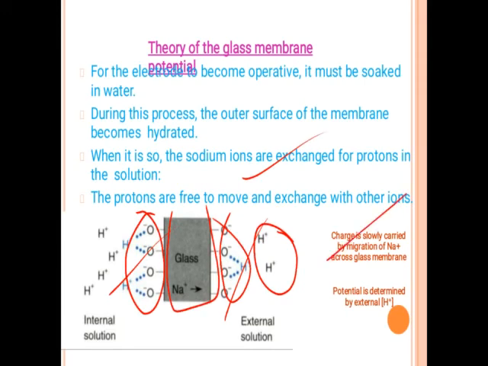So charge is slowly carried by the migration of sodium across the glass membrane, and the potential is determined by the external solution, or by the presence of H plus ions in the external solution.